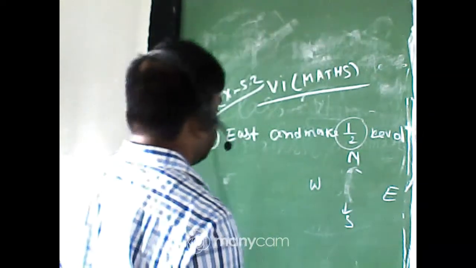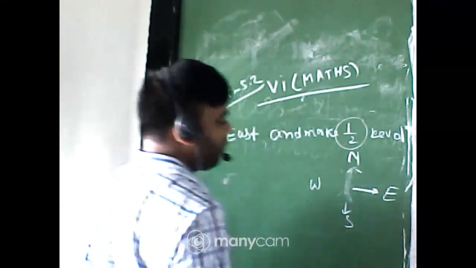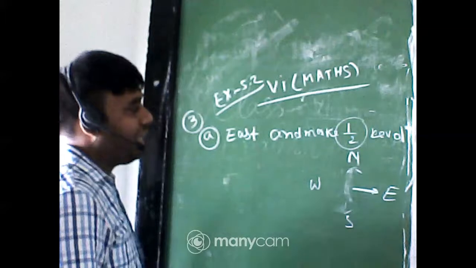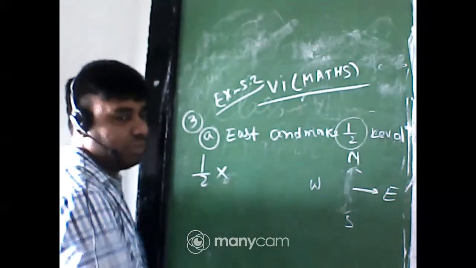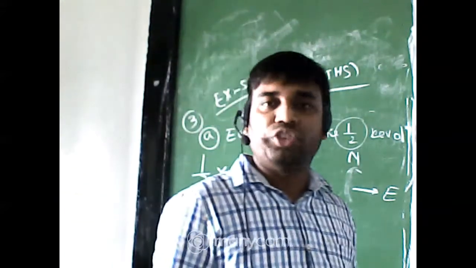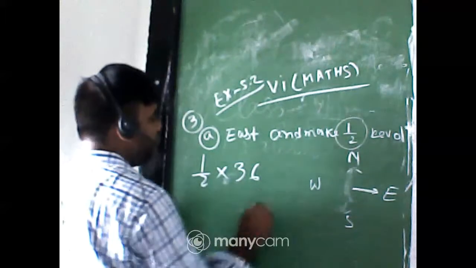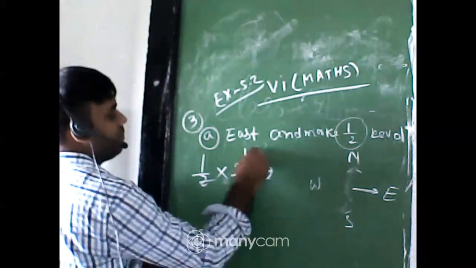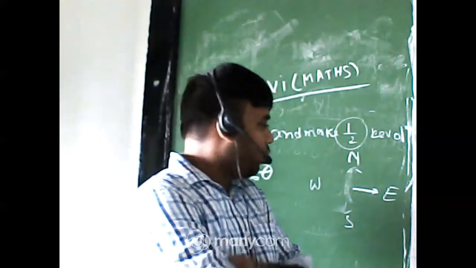Initially you are facing at the east, and make 1/2 revolution. One full revolution means 360 degrees, and 1/2 revolution means 1/2 into 360, that is 180. So you make a 180 degree angle clockwise.